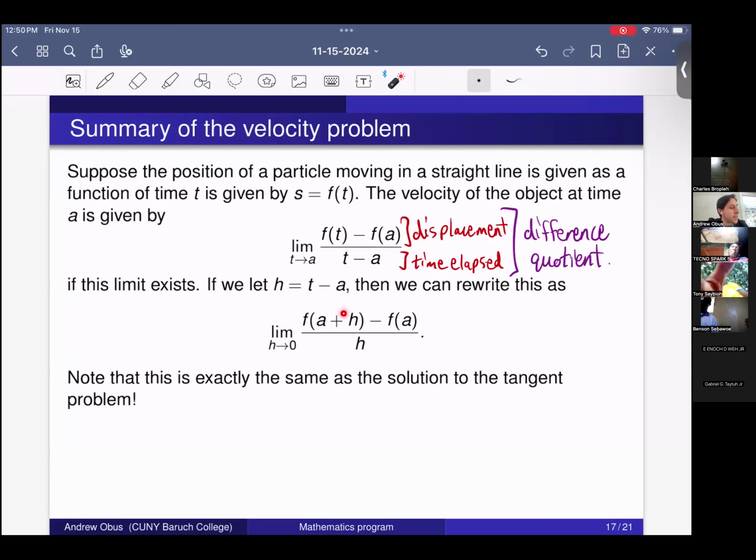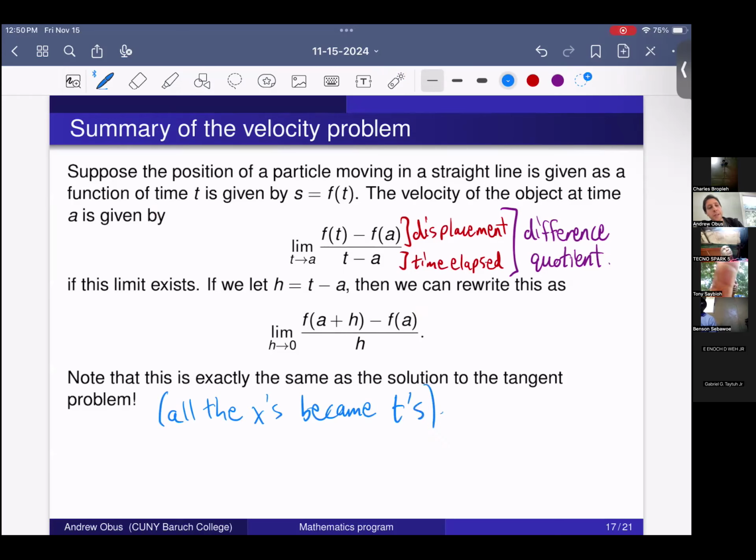And again, we can make the same change of variables as before. If you want to work in terms of h instead of t, then this limit is also the limit as h goes to 0 of f of a plus h minus f of a over h. Okay? And if you notice what these formulas look like, they're exactly the same as the tangent problem. Everything's exactly the same. It's just that all the x's became t's. That's the only difference.